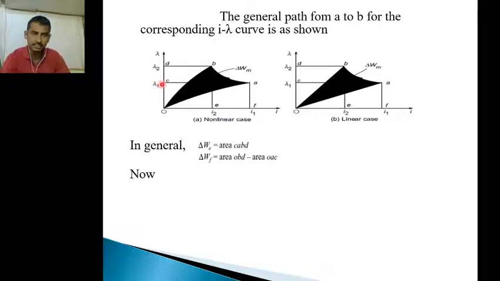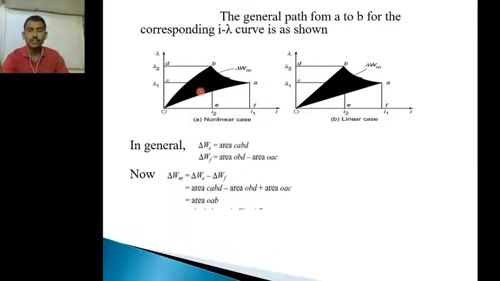This one is C, this one is A, this one is B, and this one is D. So the area CABD represents the electrical energy input, and WF is the area of OBD minus the area of OAC. OBD is the total energy, so if you subtract OAC from OBD, we get the field energy.